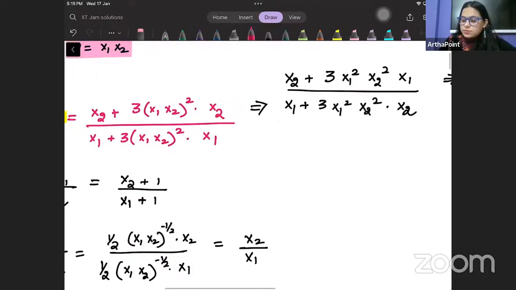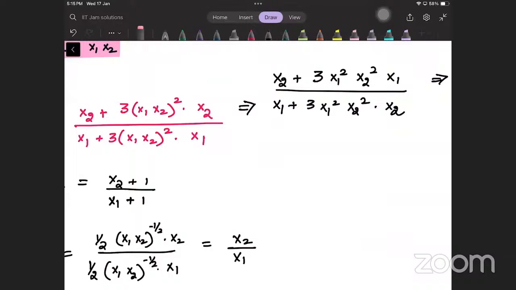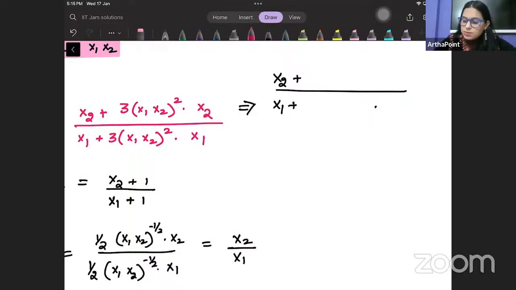This will be x1. Yes, now you can take common. Correct. So this will be plus 3 x1 square x2 cube, and this will be x1 plus 3 x1 cube x2 square.